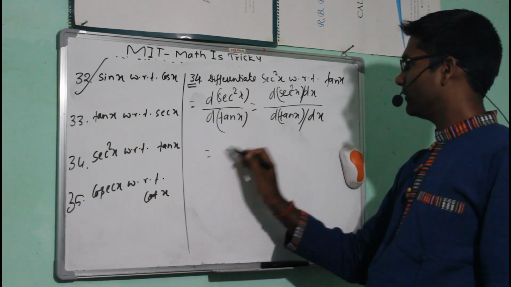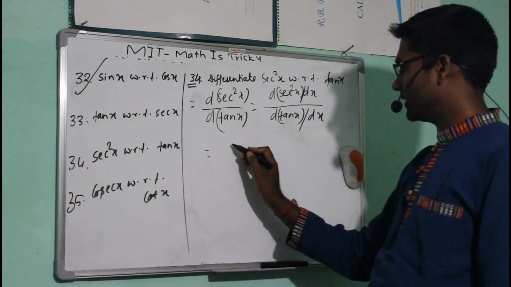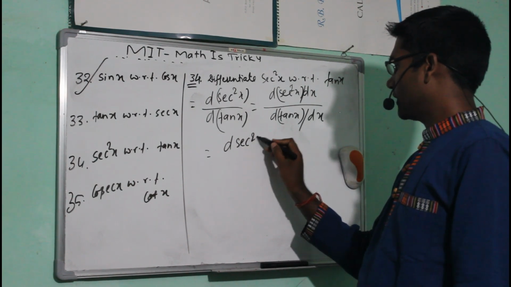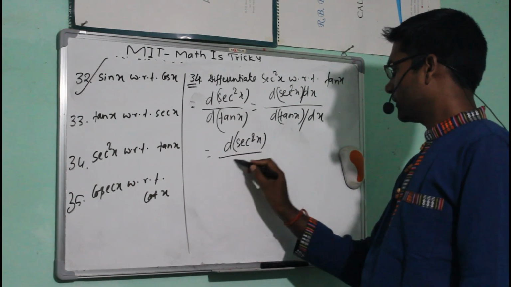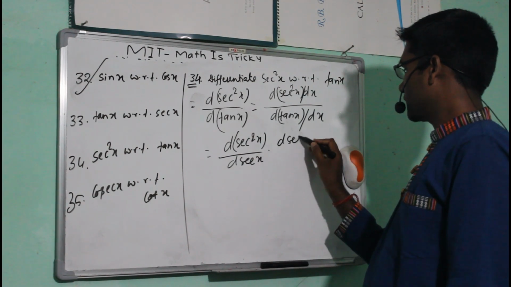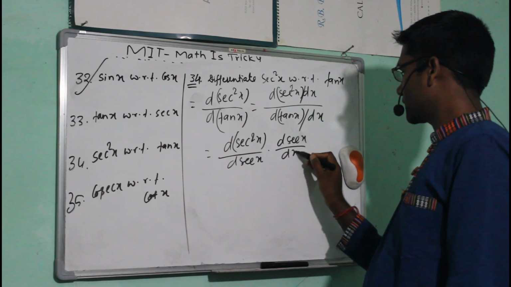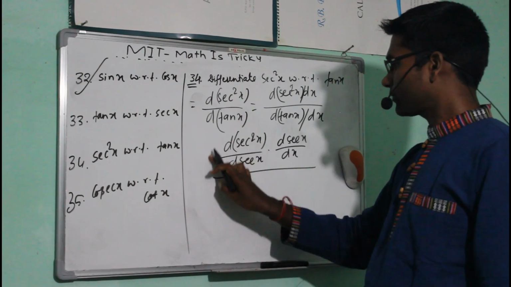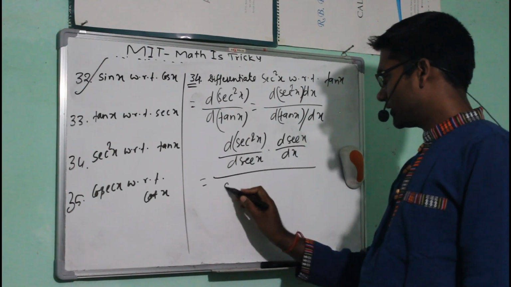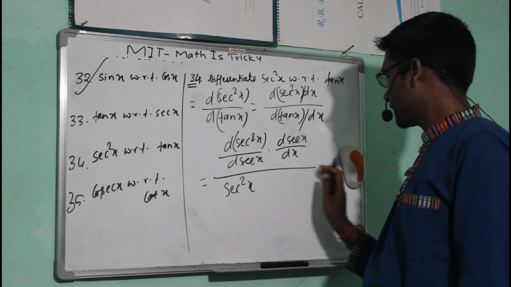So we can write d sec square x by d sec x into d sec x by dx for the numerator. For the denominator, derivative of tan x is sec square x.